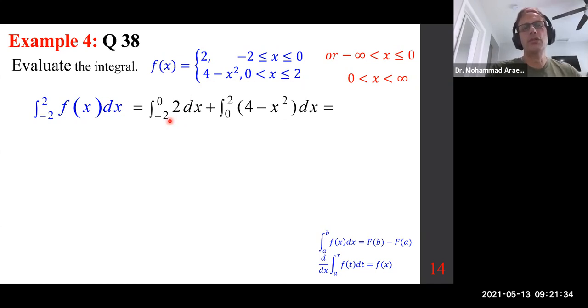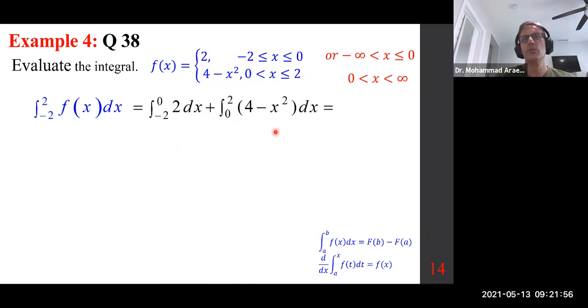From -2 to 0, we use the top function. This is a piecewise defined function. And for 0 to 2, we use the bottom function. And that's really the key. How do you integrate a piecewise defined function? That's the key.